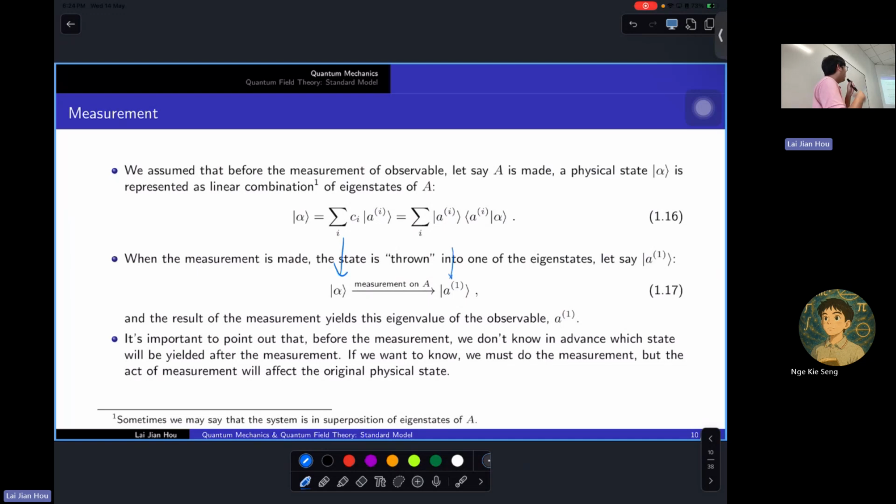So when we want to know the result of the measurement, we need to do the measurement. This act of measurement will affect the original physical state, which at the end will be thrown into one of the eigenkets.